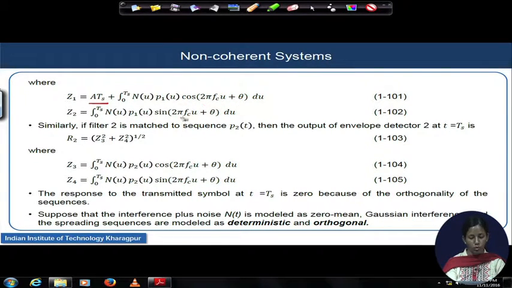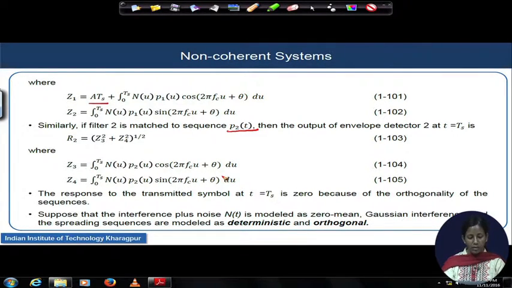Similarly, if my filter 2 is matched to the sequence P2(t), then again the output of the envelope detector 2 is given by Z3 squared plus Z4 squared, which has some similarity with the previous one. Z3 will be given by this expression, whereas Z4 will come out of this.